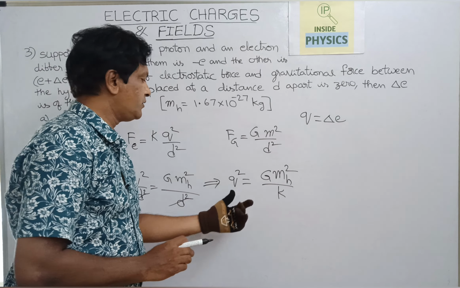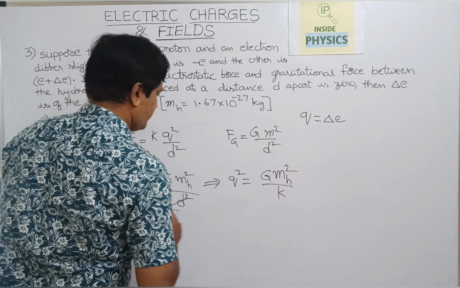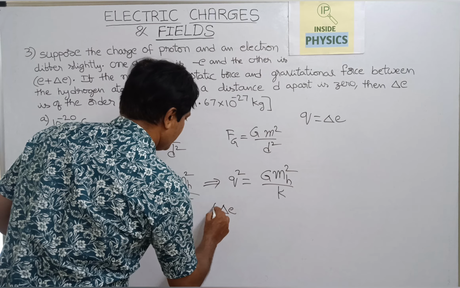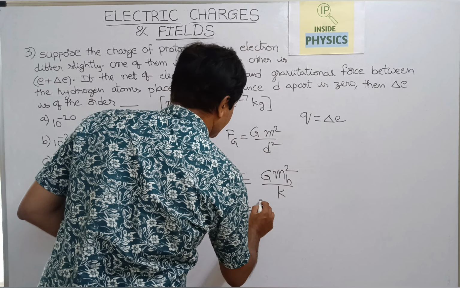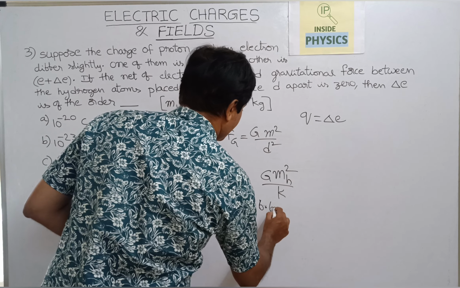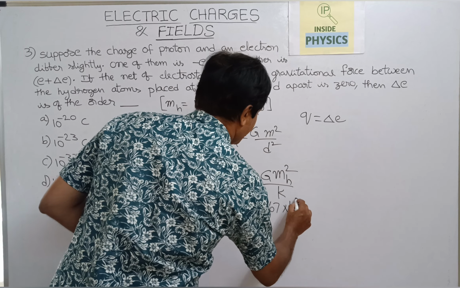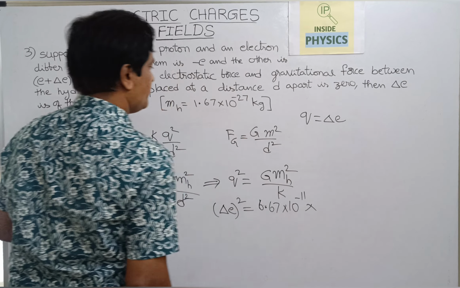So if you substitute these values, delta E whole square is equal to G, which is 6.67 into 10 to the power of minus 11, into the mass of the hydrogen atom, which is given as 1.67 into 10 to the power of minus 27, by k, which is 9 into 10 to the power of 9.